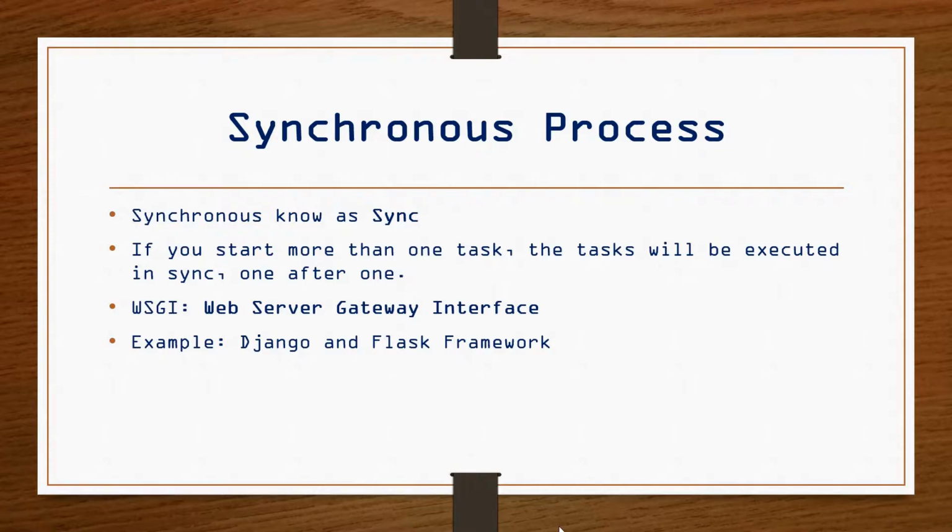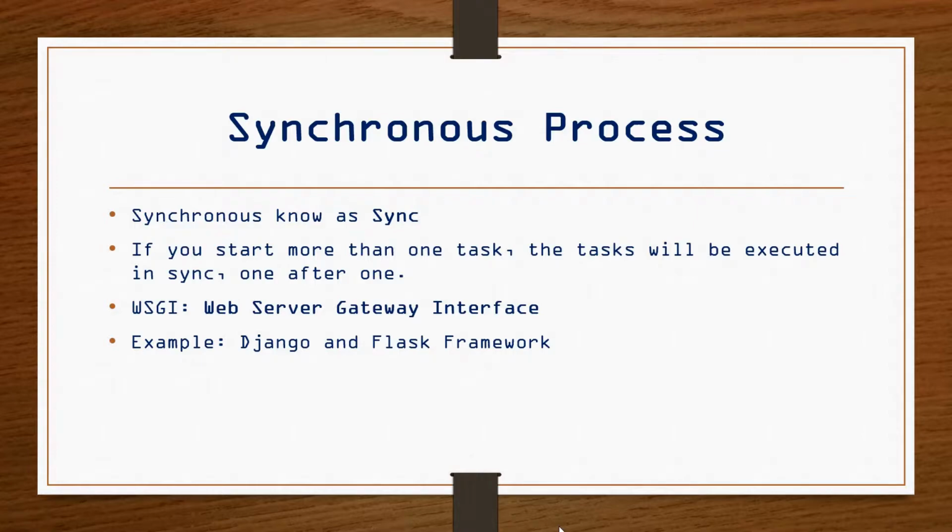Basically, in a synchronous operation, if you start more than one task, the tasks will be executed in sync, that means one after one. We also know about WSGI, Web Server Gateway Interface. Examples like Django and Flask all come with the synchronous process. Definitely you can implement asynchronous things with Django, but for that you have to put in a little bit of effort.